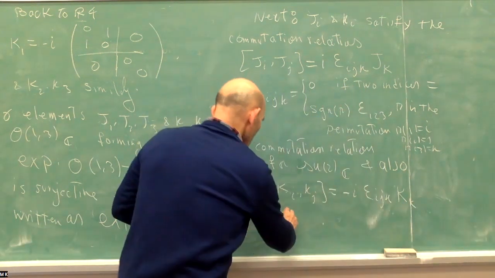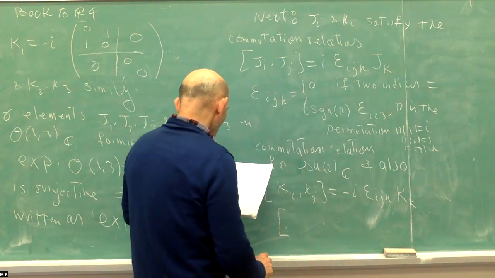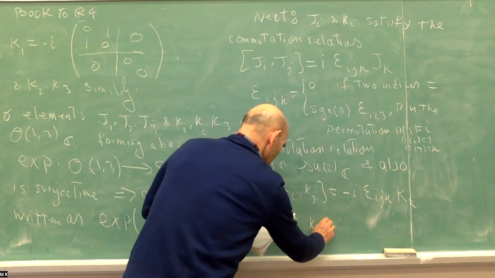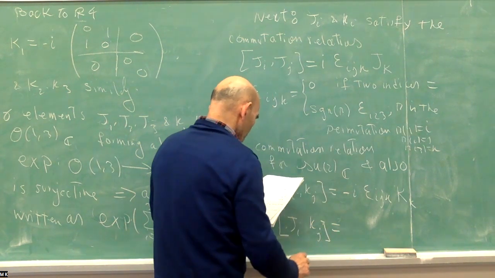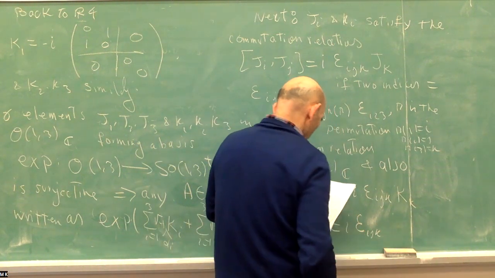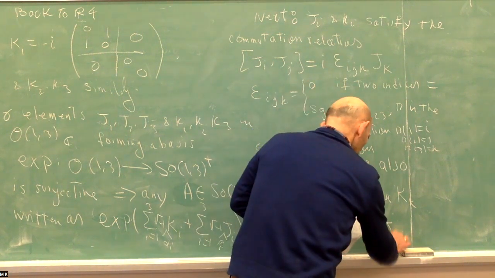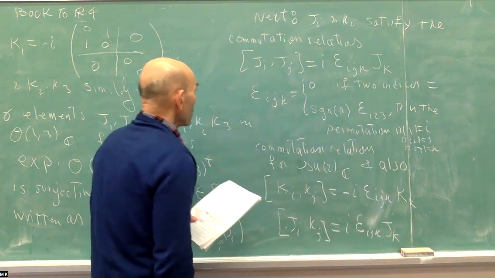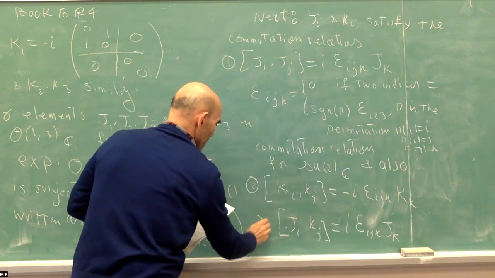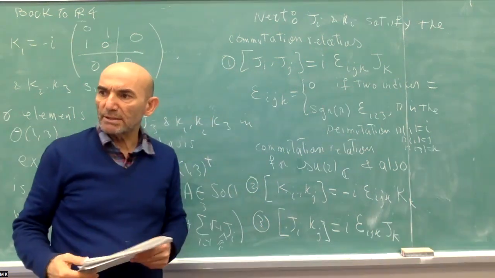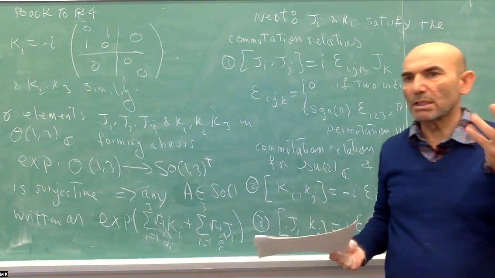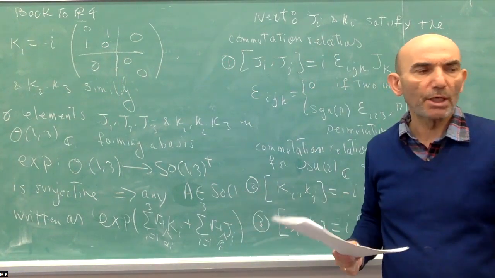And between the two, Ji and Kj, there is a relation which is i times epsilon ijk Kk. So we have this relation and this relation. So we have three sets of commutation relations between these 6 elements inside the algebra.